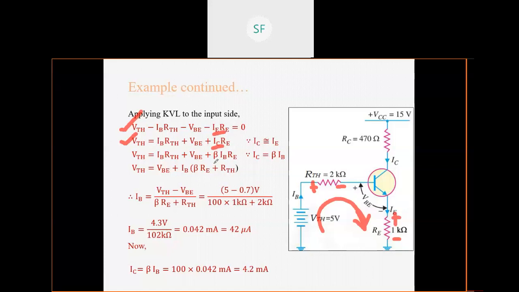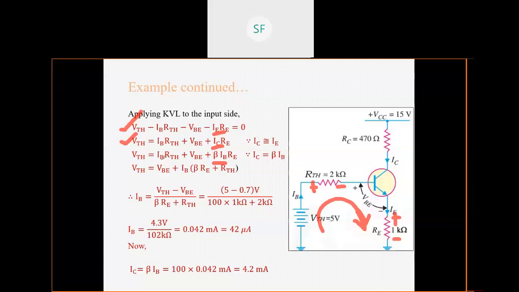In the next step, we have replaced IC by beta times IB. This is the relation where beta is the current amplification factor in common emitter configuration. Because in common emitter configuration, IC is the output current and IB is the input current. Output current divided by input current is beta, that is the current gain. So again, we have replaced this IC by beta times IB.